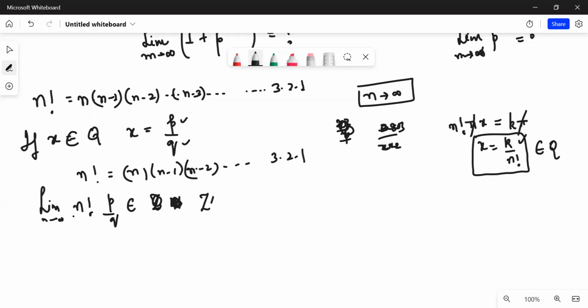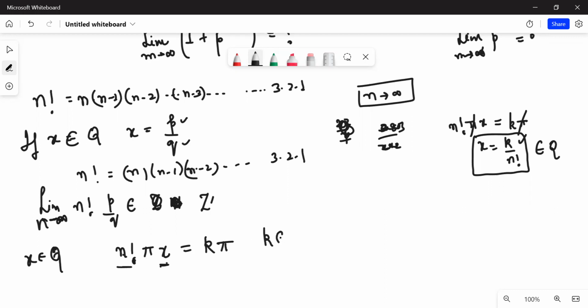So n factorial p by q in the limit n tends to infinity will belong to ultimately an integer, isn't it? So if x belongs to Q, n factorial pi x would be equivalent to some k pi, isn't it? Because n factorial into x is some integer, मानते हो?